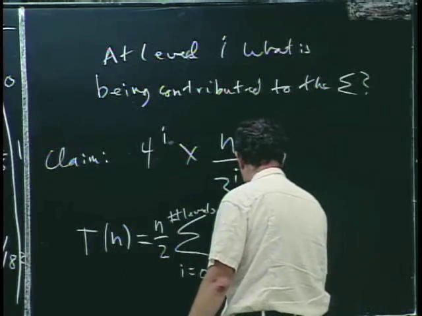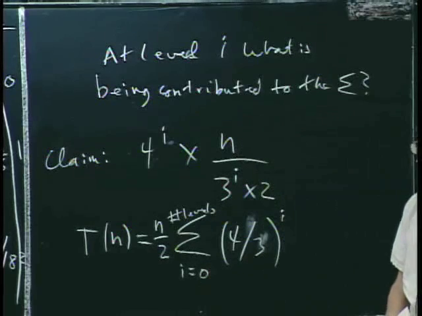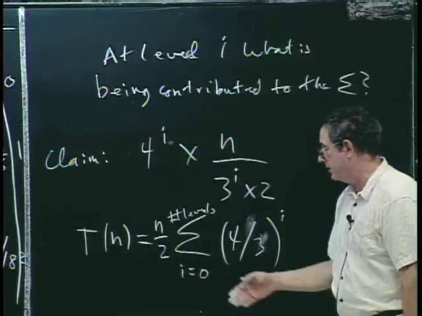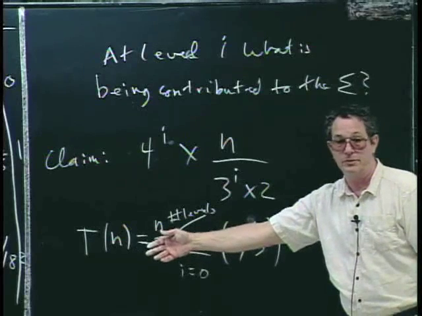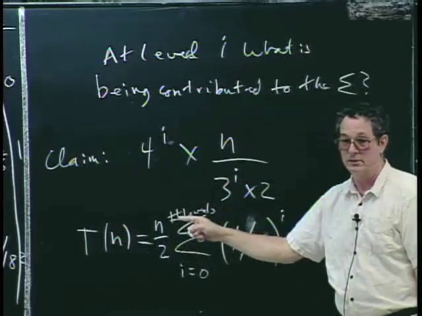So 4/3 to the i. Okay? There are two things left here in order to finally get a closed form solution in terms of n. We have to know how many levels there are.